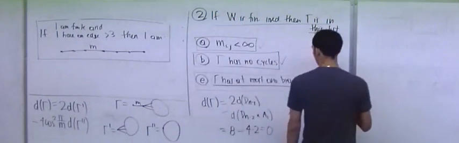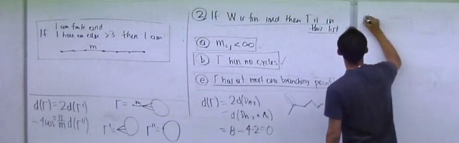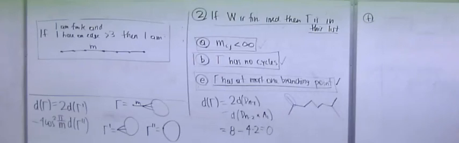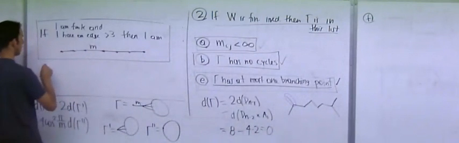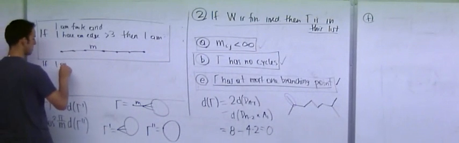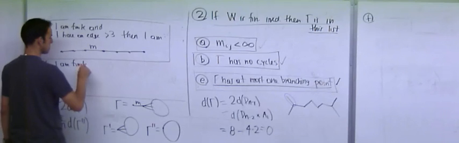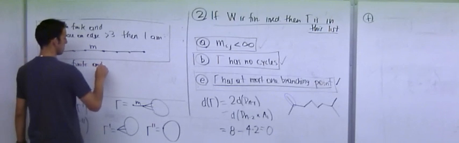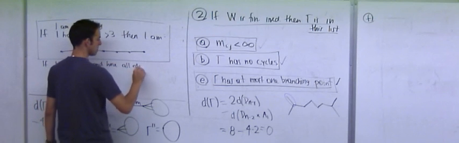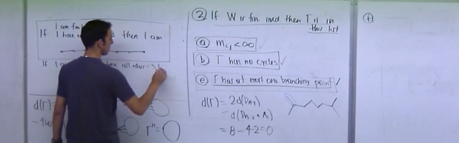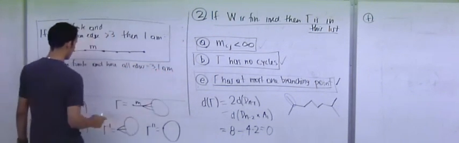And let me say something a little bit stronger, which is that now I know I have at most one branching point. So if I am finite and have all edges equal to 3, then I need to look something like this.